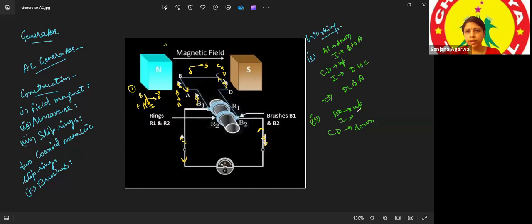This time the current will be A to B. You can write in your own language. After this half revolution, the direction of current is A to B, and on the CD side it will be C to D. So the effective induced current will be A, B, C, D this time.